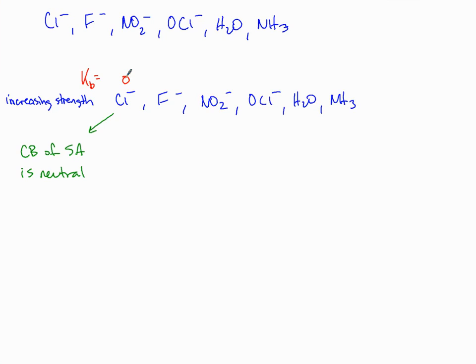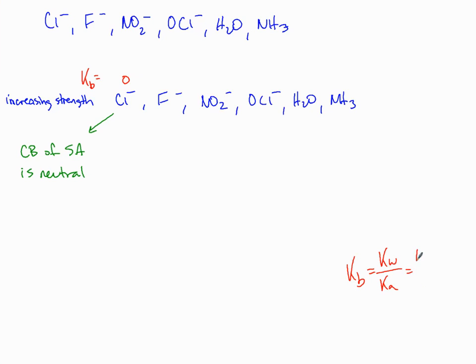For fluoride, the Ka value we're given is 7.2 times 10 to the minus 4th, and so what we're going to do is use the Kb equals Kw divided by the Ka for all of these.